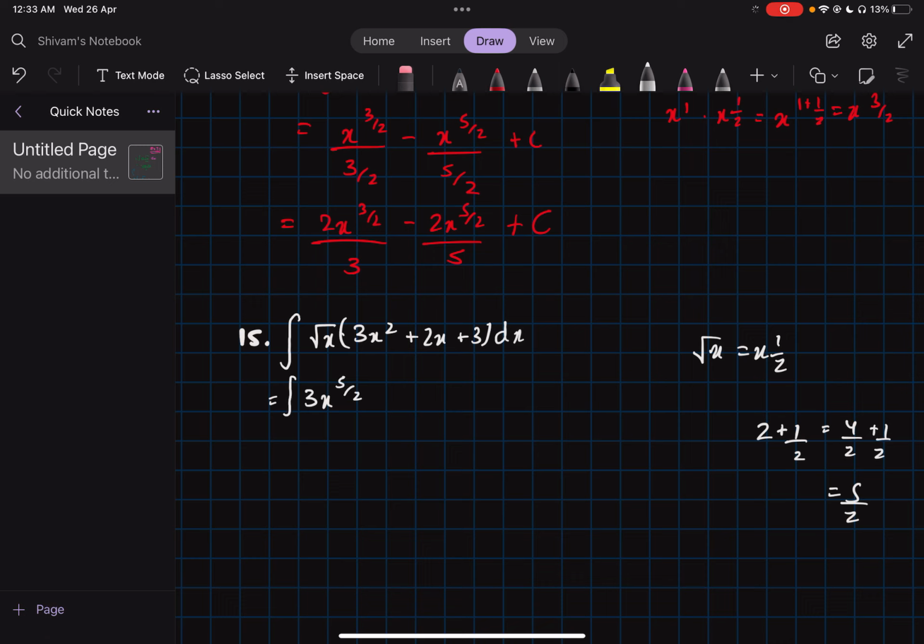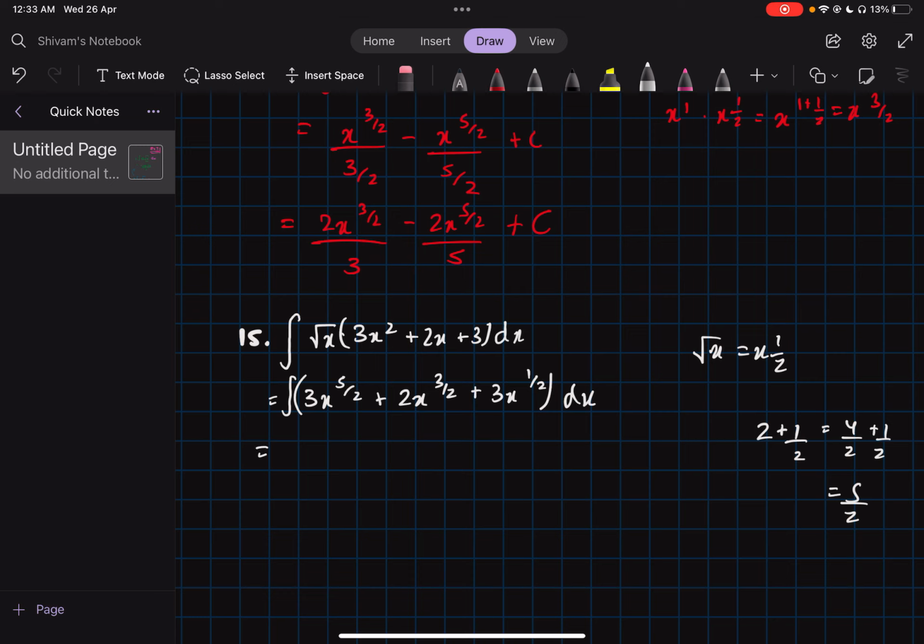We're not integrating it, by the way, just distributing. So we're not going to divide it. Then a 2x, so first 1 plus 1 by 2, that's 3 by 2. 2x to the 3 by 2. Then 3x to the 1 by 2, because that's a 0, so you're going to add 1 by 2. And that is your integrand.